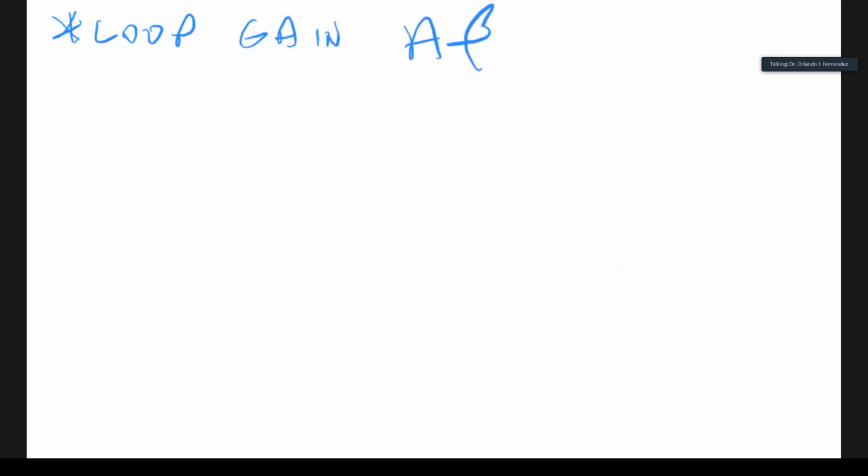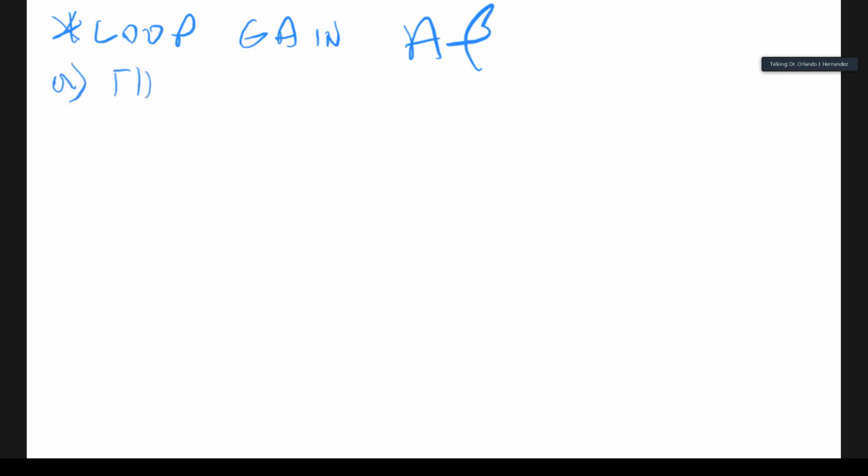That is the definition of loop gain: A times beta, essentially the transfer function of the forward part of the system, A, and then the transfer function beta of the feedback network. Some characteristics that are important about that loop gain.